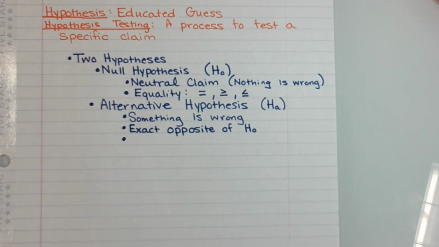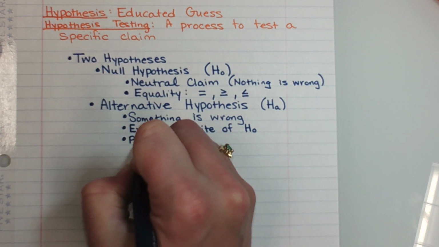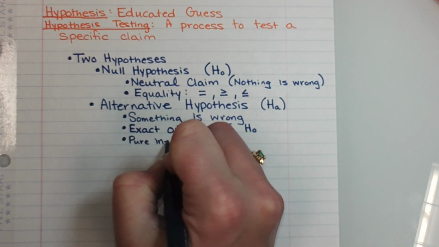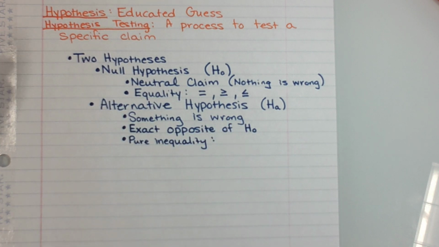Regardless of which of those, it has equality to it. While an alternative is a pure inequality, it has to be the opposite of the null. The opposite of something with an equal is something without an equal.